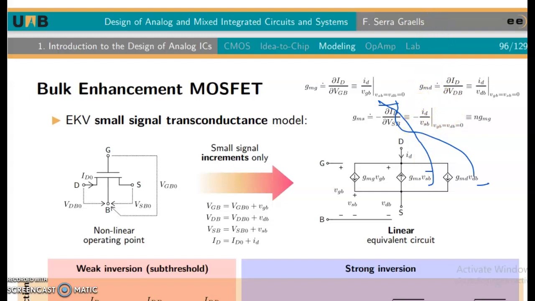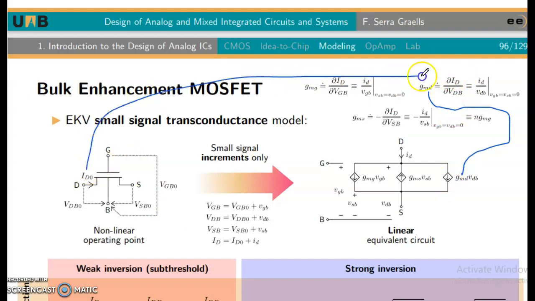Here in GMD, GMD equals partial derivative of ID with respect to VDB.